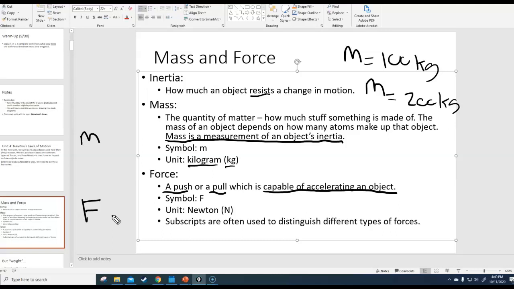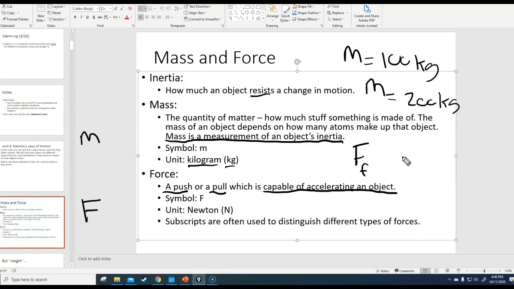Now, what does that mean, subscripts to denote different types of forces? Well, kind of like how when we talked about velocity, we had Vf for final velocity, and we had Vi for initial velocity. Those tiny little letters in the bottom right, those are subscripts. Okay, and so I might use F for any old force, but if I want to talk about a specific force, let's say the force of friction, I might write F with a lowercase f.